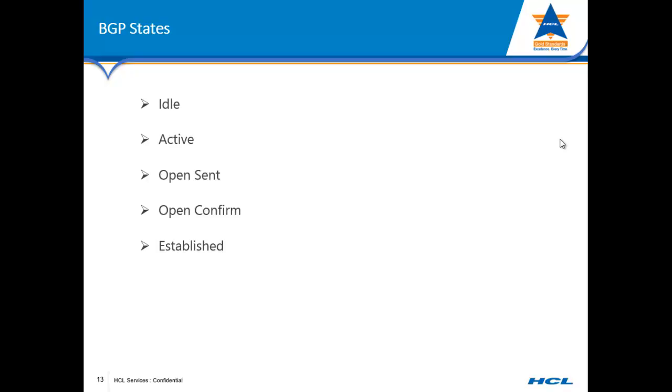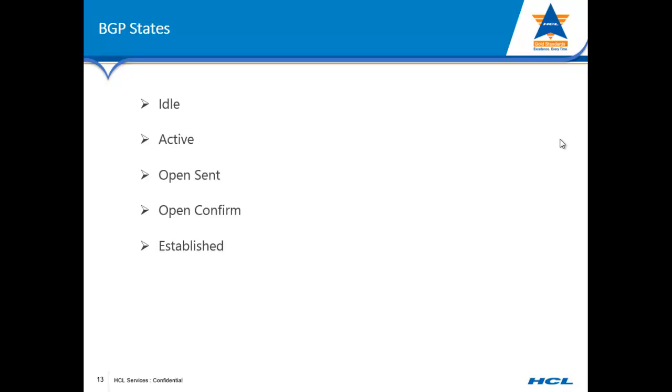And there are some cases where port 179, the TCP port, is disabled at the other end. In those cases also, one BGP router cannot establish a neighbor relationship with the other because there is no smooth path. So in those cases, the state will become active.